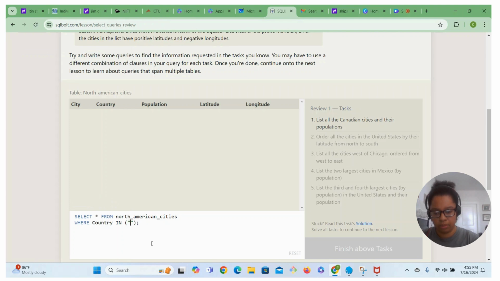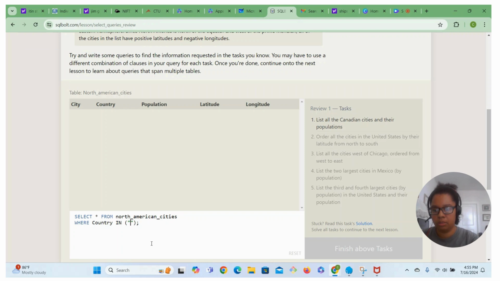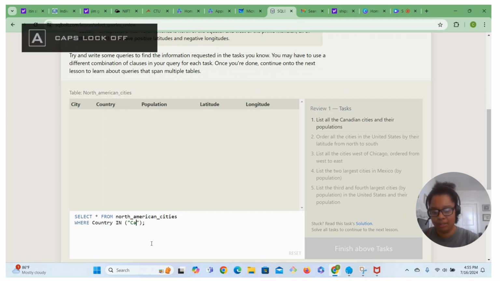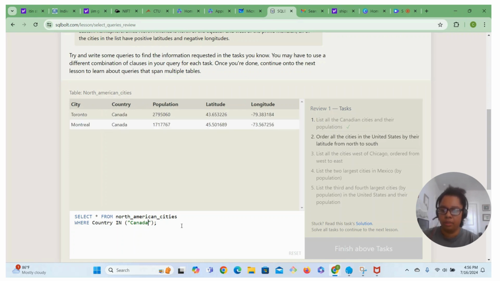And remember, it's going to be inside that. Sorry, me playing with that. And we are spelling that. There we go. So that's pretty much what it asks. It said to list all the Canadian cities and their populations. So here's the cities, the country, of course, Canada, population, longitude. So that's what it asks.